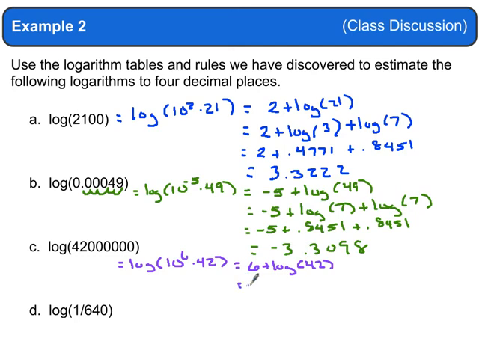So that is 6 plus log 6 plus log 7. So I get 6 plus 0.7782 and then plus 0.8451, and that gives me 7.6233.